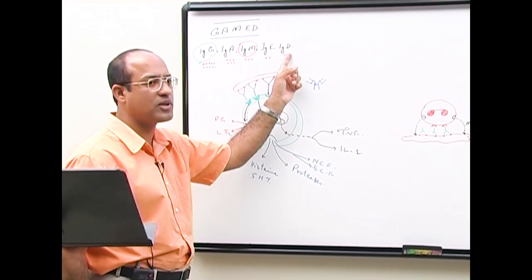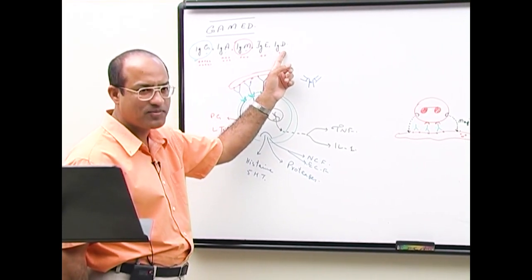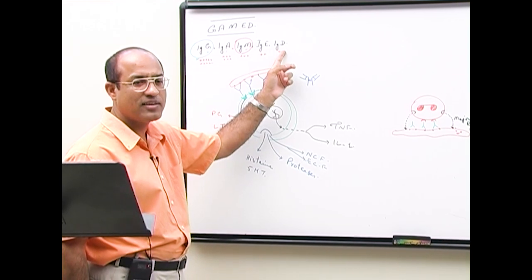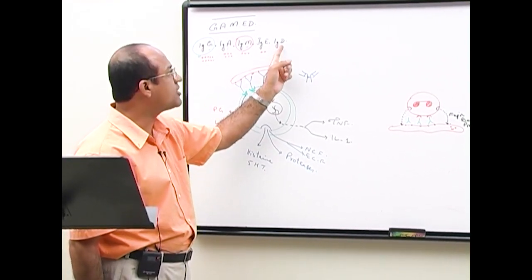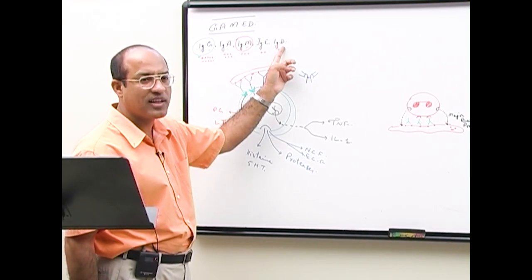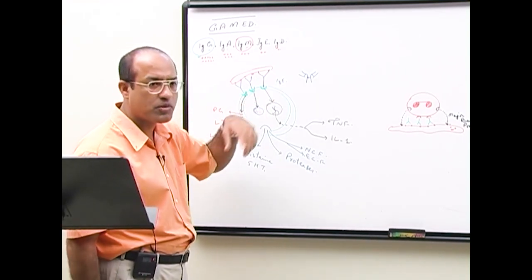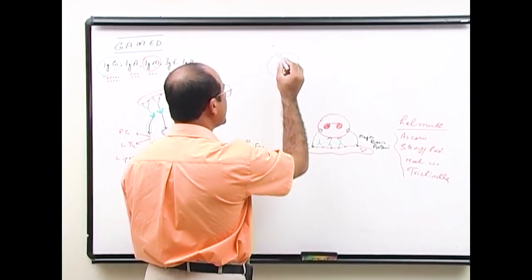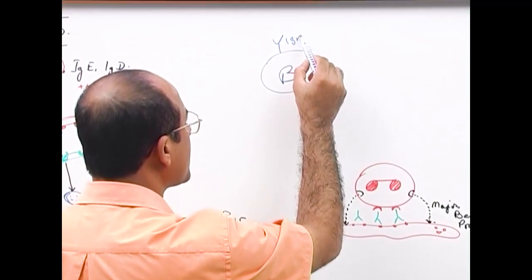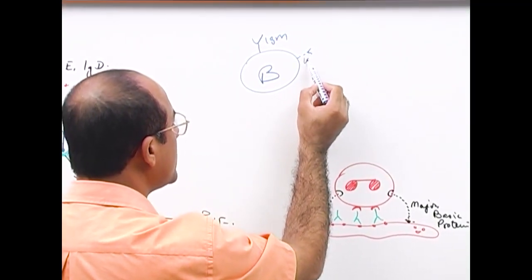The good news about that is we don't know much about that. This is present in the blood in very small amount in traces, and it is present on the B cells as B cell receptor. You remember B lymphocytes were having on their surface IgM, but there are also some IgD.